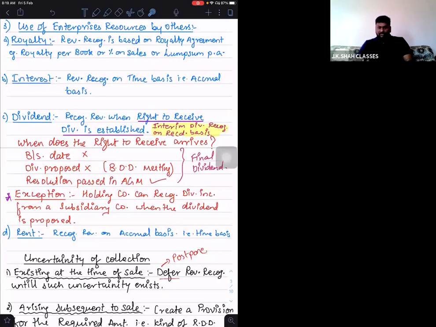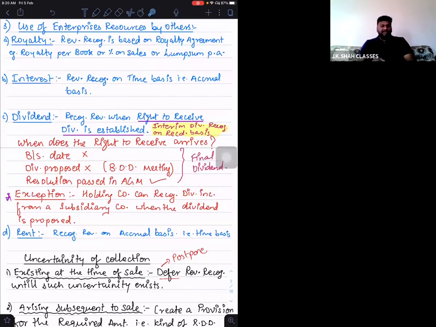Technically, I am very certain that I am going to collect from JKC. So today, when your lecture gets over, I pass a journal entry in the books of accounts for recognizing the revenue, because this part of the lecture is completed. This part of revenue is earned for me. I can definitely record the revenue because I'm certain.